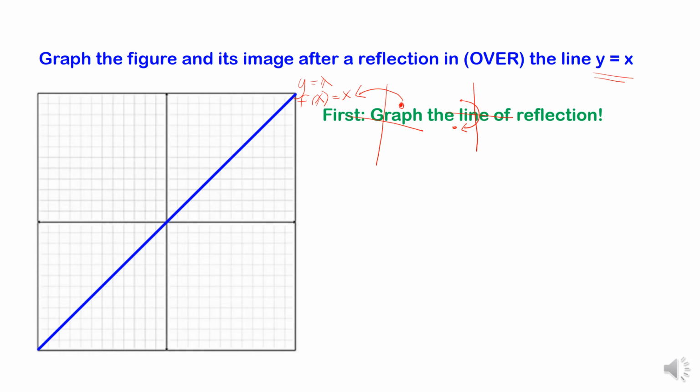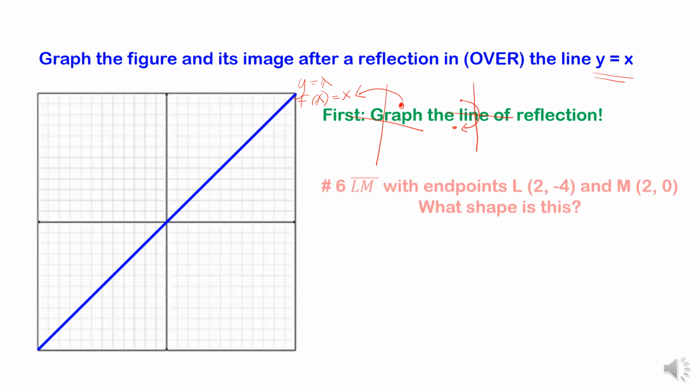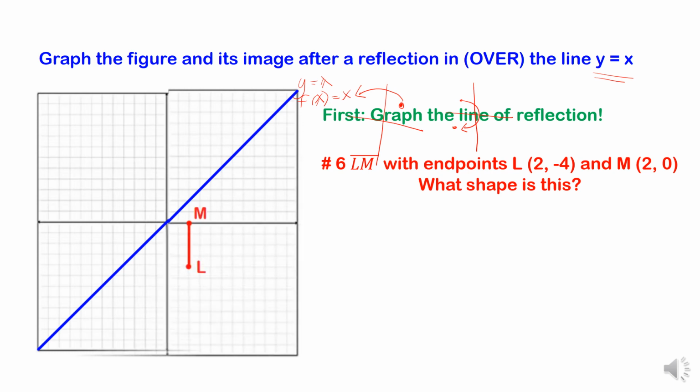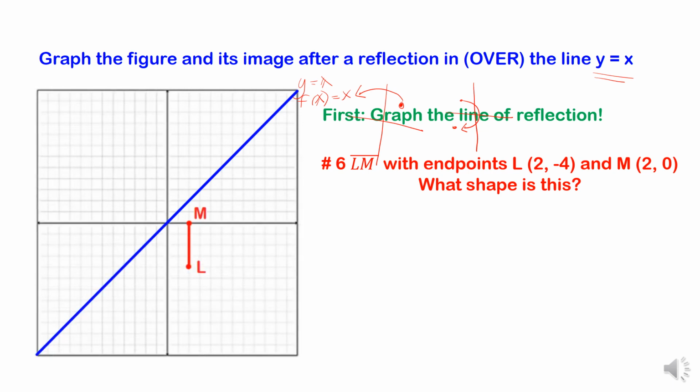Okay? The next thing you want to do is, this is problem number 6, we want to graph it and decide what shape it is. So we graph that, we put the 2 points, and we graph that. And we notice what shape it is. This is a segment. That's important because transformations, with the exception of dilations, preserve the size and shape.